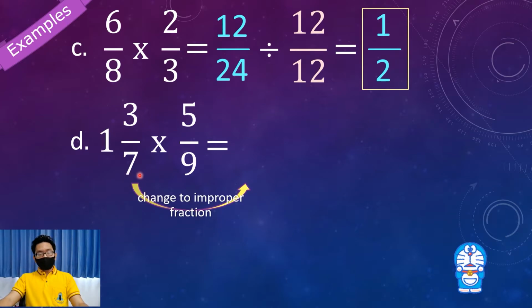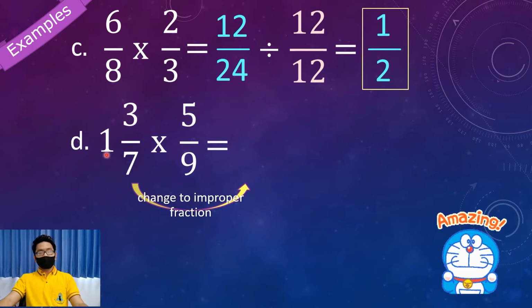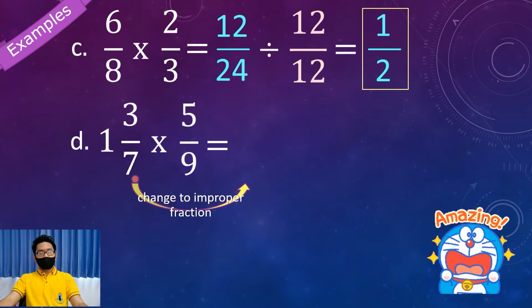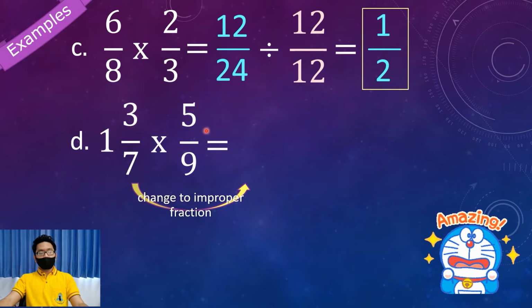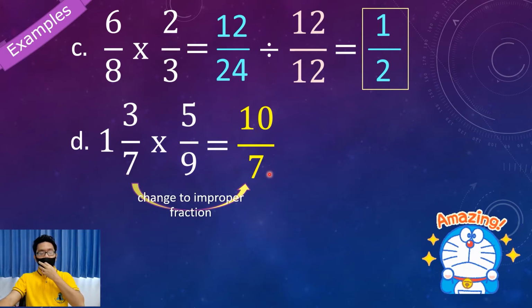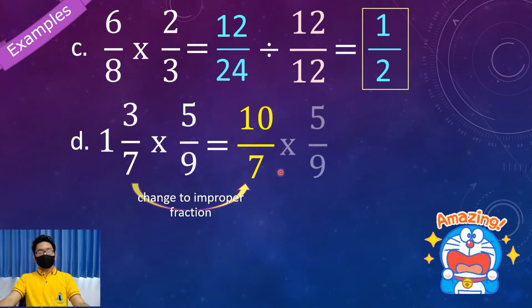By changing, we have to multiply 7 times 1 and then add 3. 7 times 1 plus 3 equals 10, and then copy the denominator. 1 and 3 over 7 equals 10 over 7.